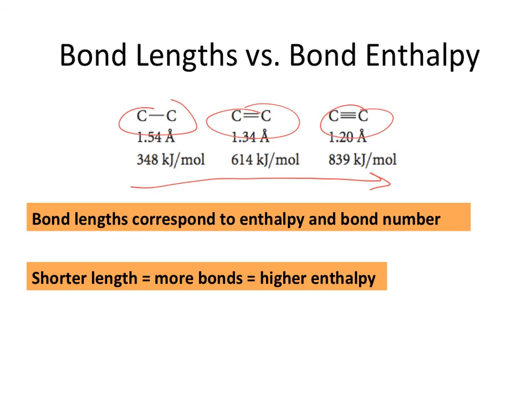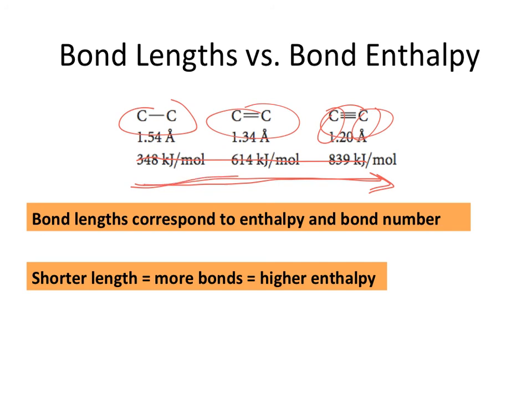Now, not only does the bond enthalpy increase as the number of bonds increase, but the number of bonds also corresponds to the distance between the atoms involved in the bonding process.